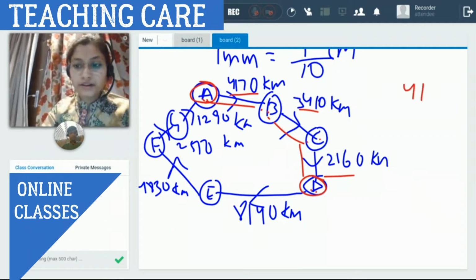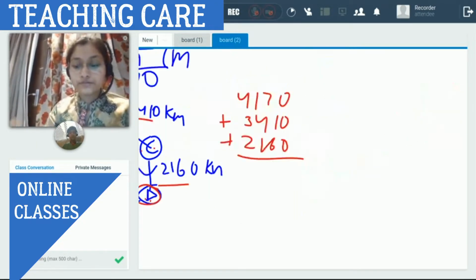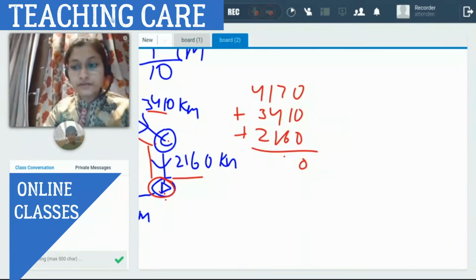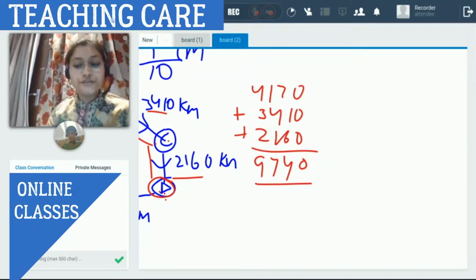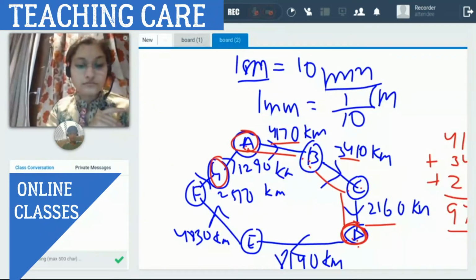No. Let's add it up. 4170, 3410, 2160. All three have to be added up. I thought it was only A to B. So it would be 9740 kilometer.